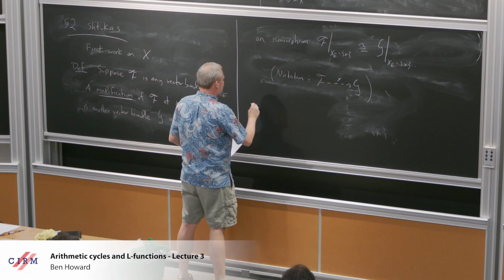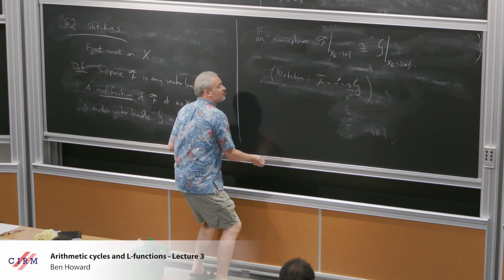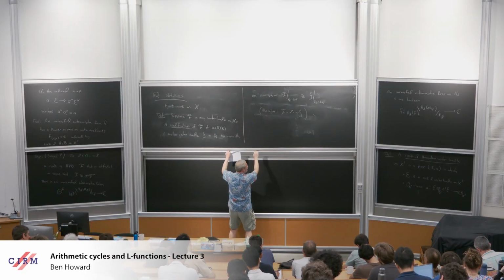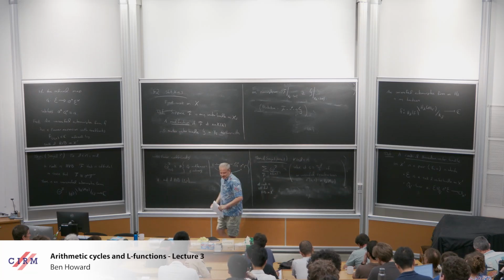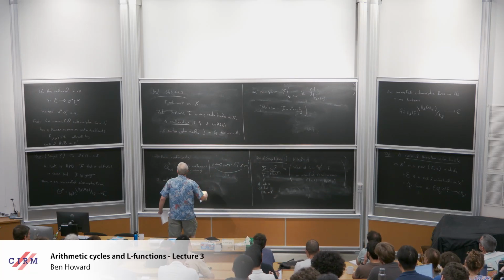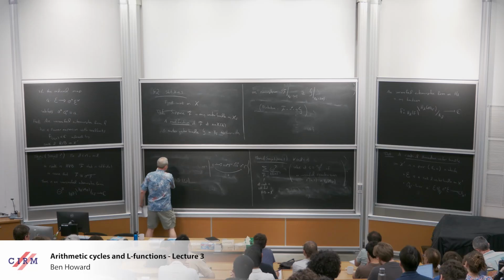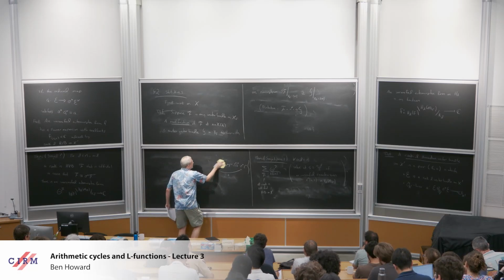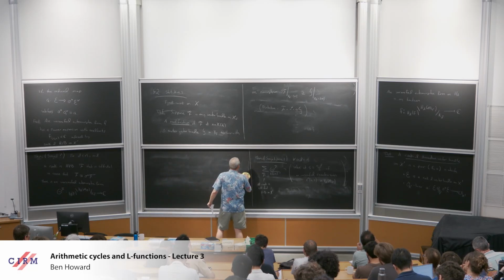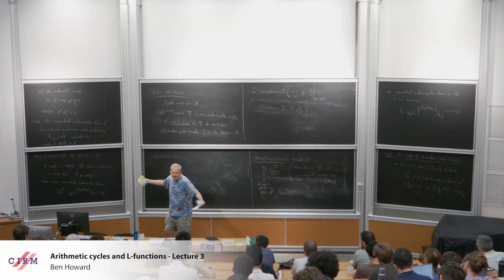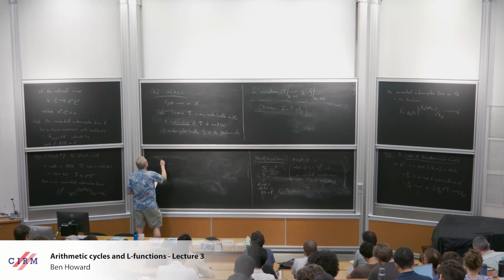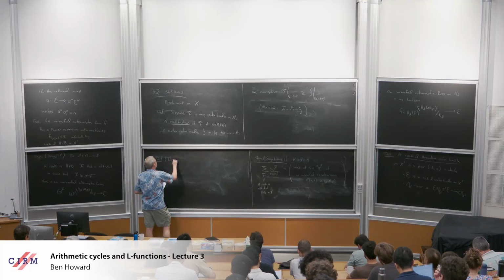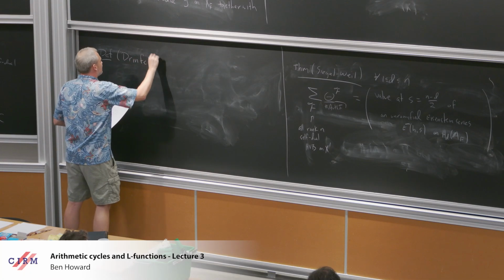Okay, now this gets its own board, I think. Now I give you a definition due to Drinfeld. If you ask, why is this the definition? You can ask me, but I'm just going to say the answer is it's Drinfeld. That's why. I mean, it's a definition.